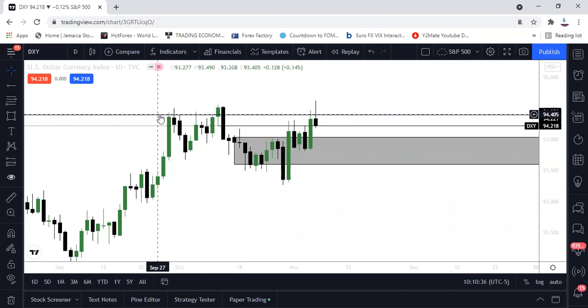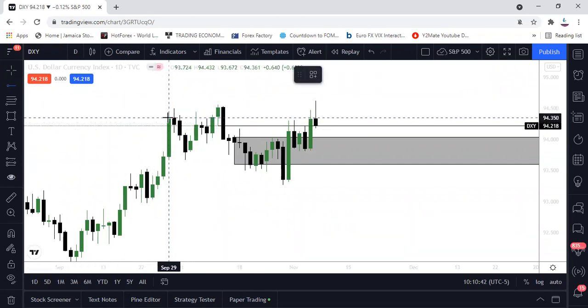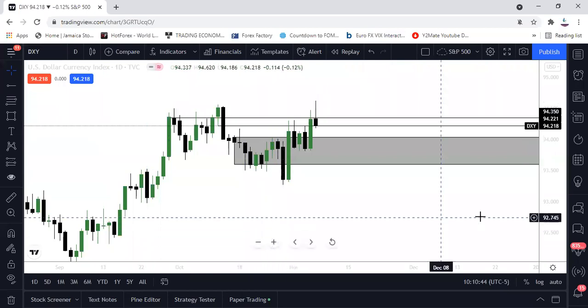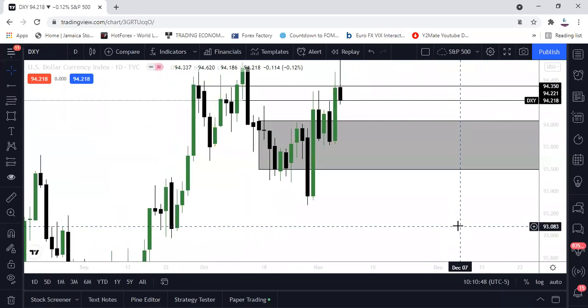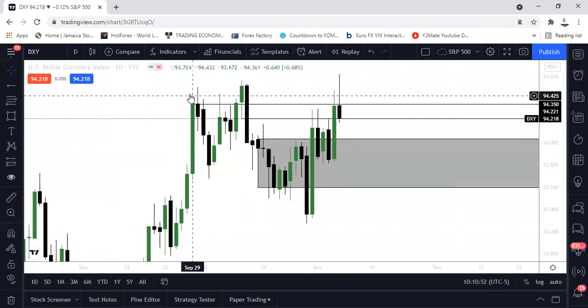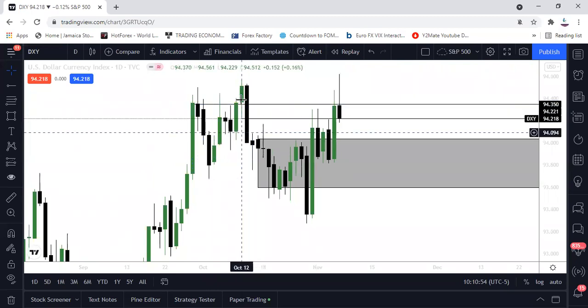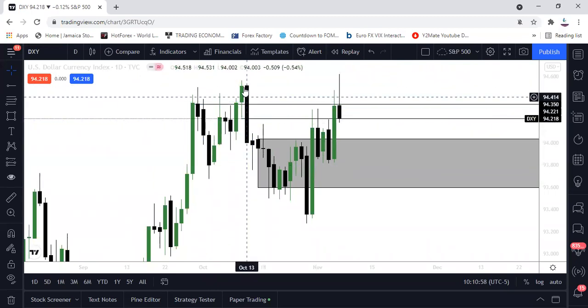So I'm going to remove this line now to refine, and I'm going to put a line on this high right there. So in my mind, based on how I understand it, this is the high, then the stops were taken here. Stops were taken there.